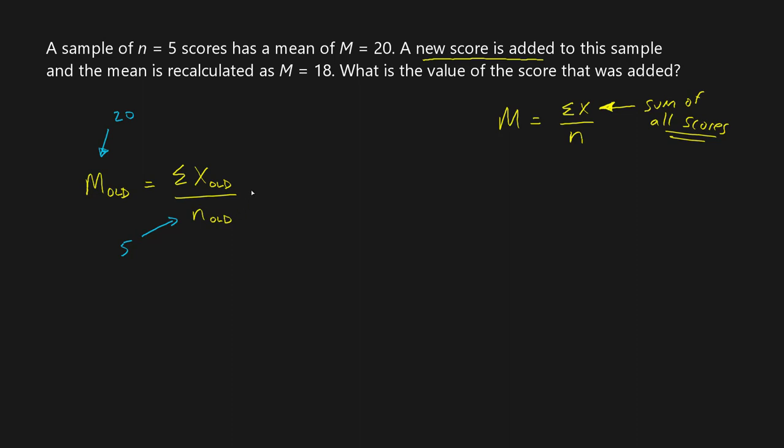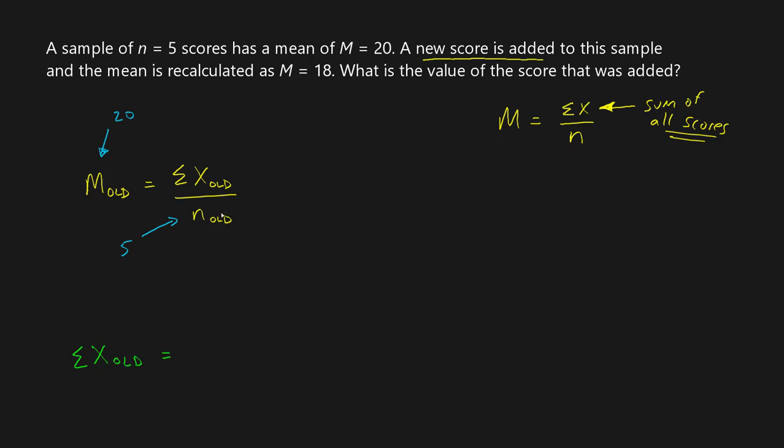The way that I do it is like this. Let me change colors here. If I want to rearrange this so that I end up with an equation that tells me what the sum of my old x values is equal to, I'm going to need to get this by itself. And to do that, you need to undo this division by n here.